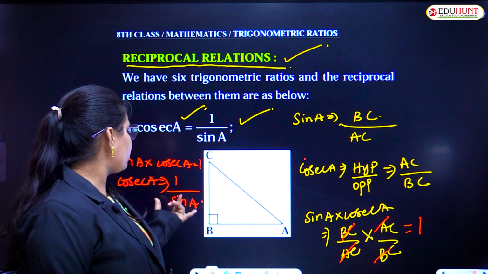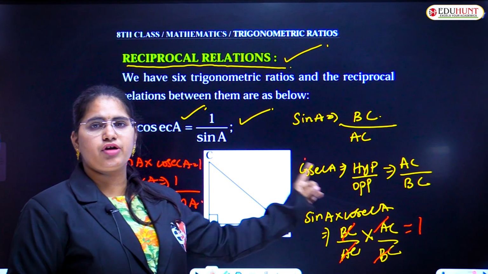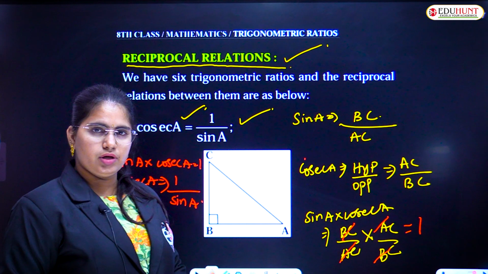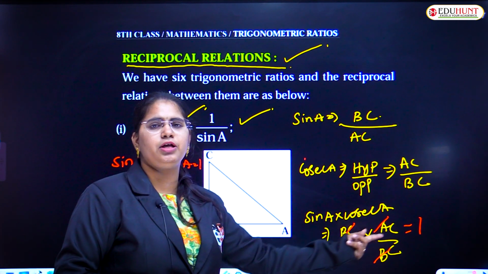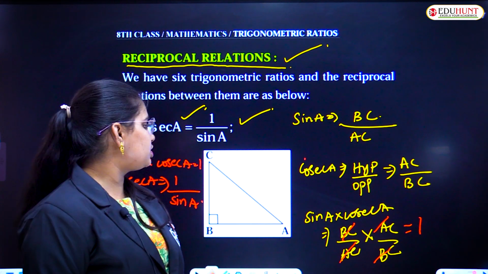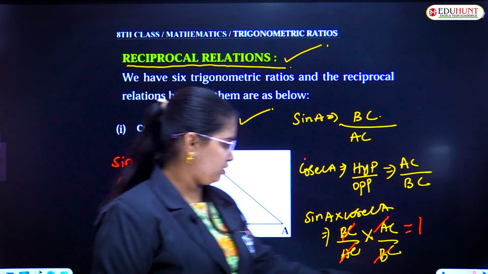I just derived it from the triangle, because sin A into cosecant A, whenever you multiply, the answer is 1. So this is one reciprocal function.